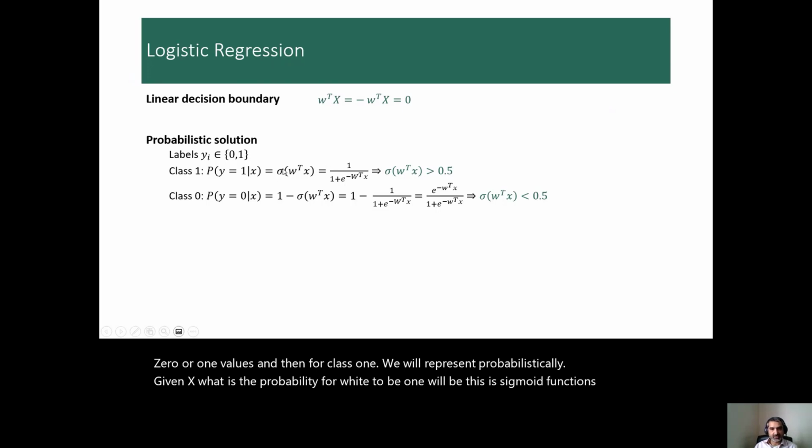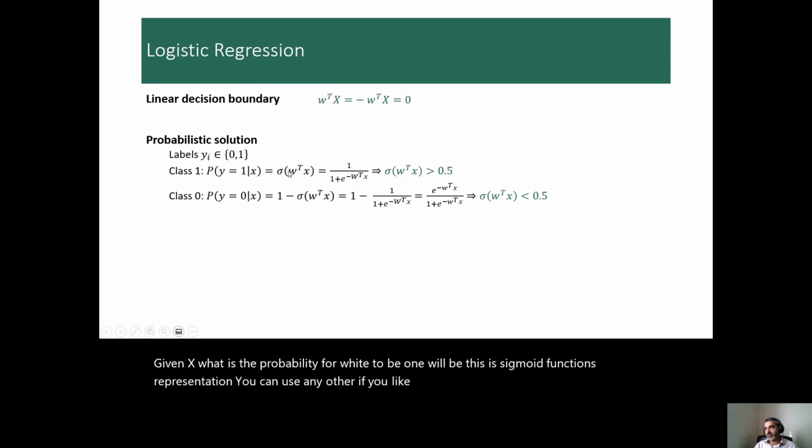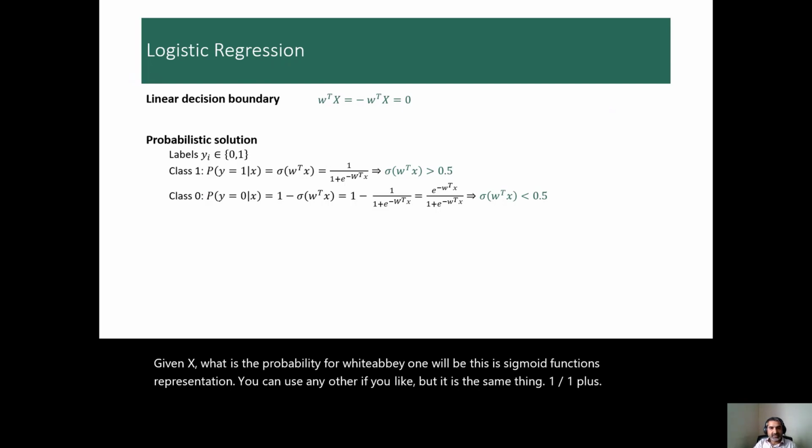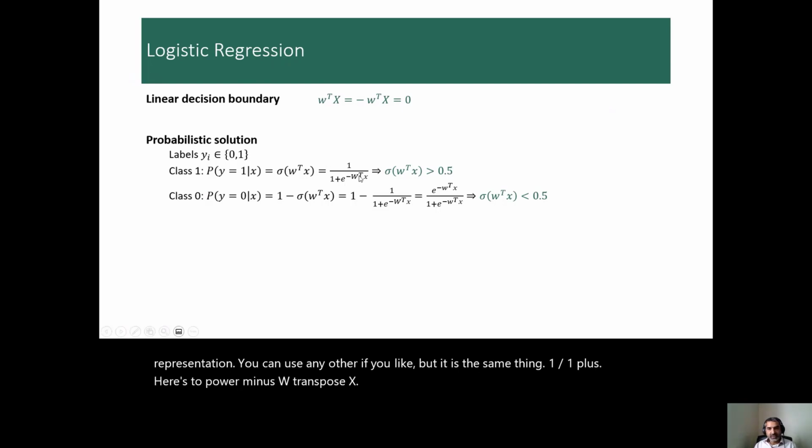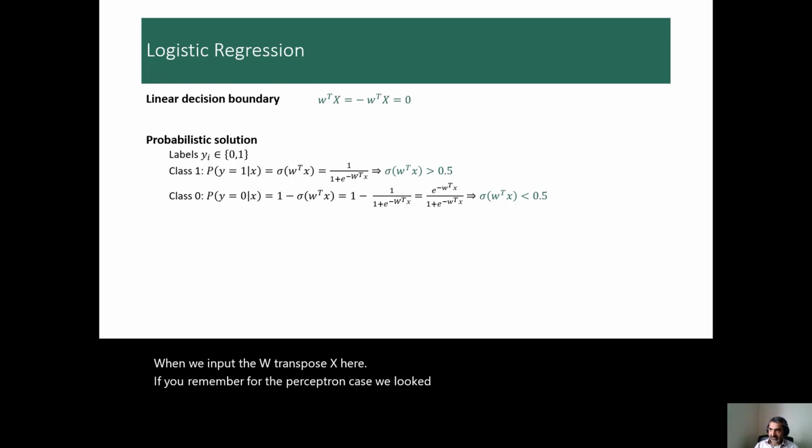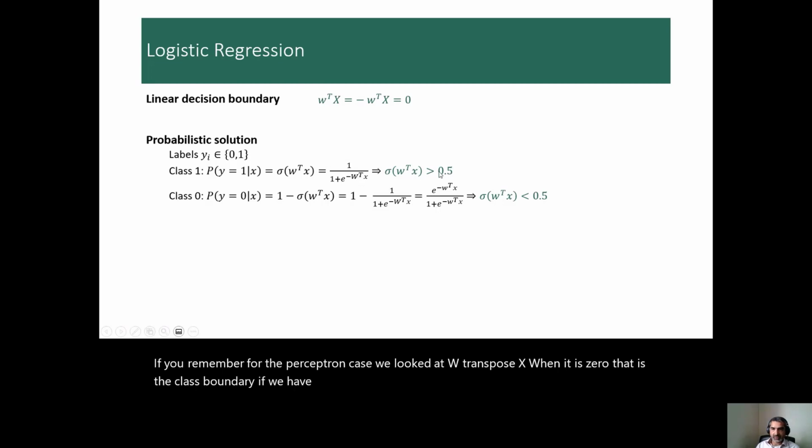You can use any other if you like, but it is the same thing, 1 over 1 plus e raised to power minus w transpose x. When we input the w transpose x here, if you remember, for the perceptron case, we looked at w transpose x when it is 0, that is the class boundary. If we have 0 here, then the result for the sigmoidal equation will be 0.5. So greater than 0.5, we have one class, less than 0.5, we have the other class.